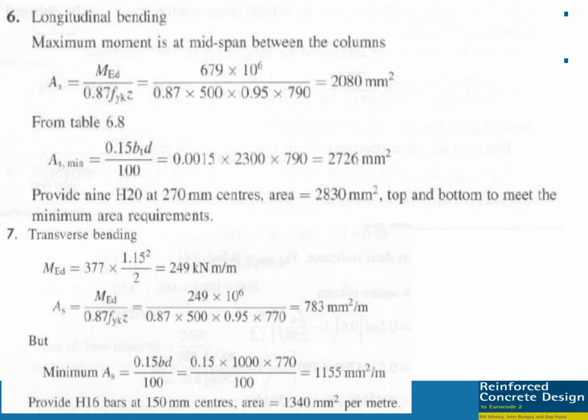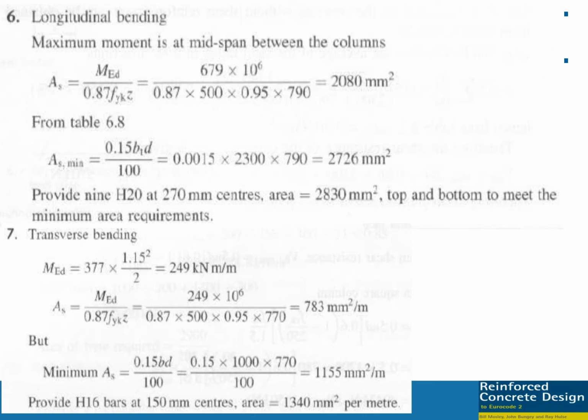So you can see here MED is 377, the pressure from the soil, multiplied with the distance of 1.15, which is the distance from the center of column to the edge of the footing with the length of 2.3 meter. Because of the center, 2.3 divided by 2, we have 1.15.